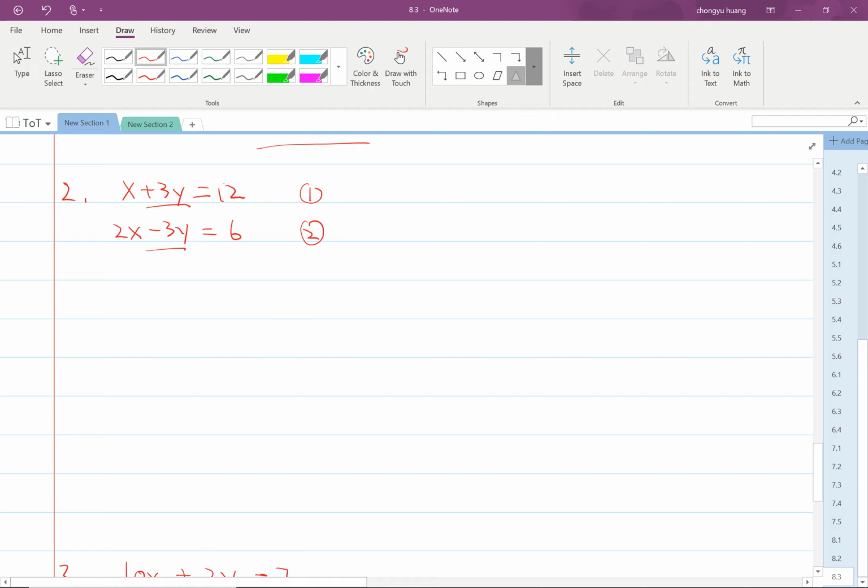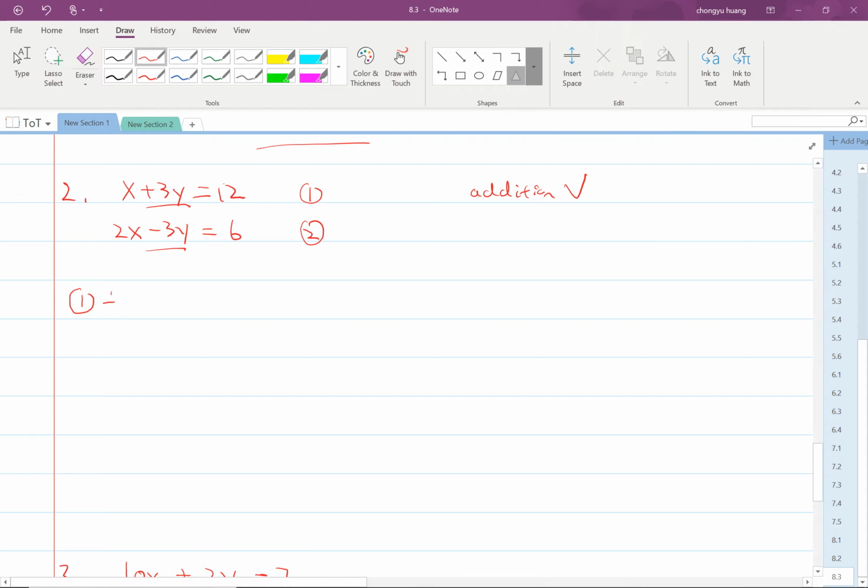As I mentioned before, the coefficients of y are opposites, so that means the addition method is preferred. All you have to do is add equation 1 plus equation 2. Let me rewrite it. It's not that difficult.